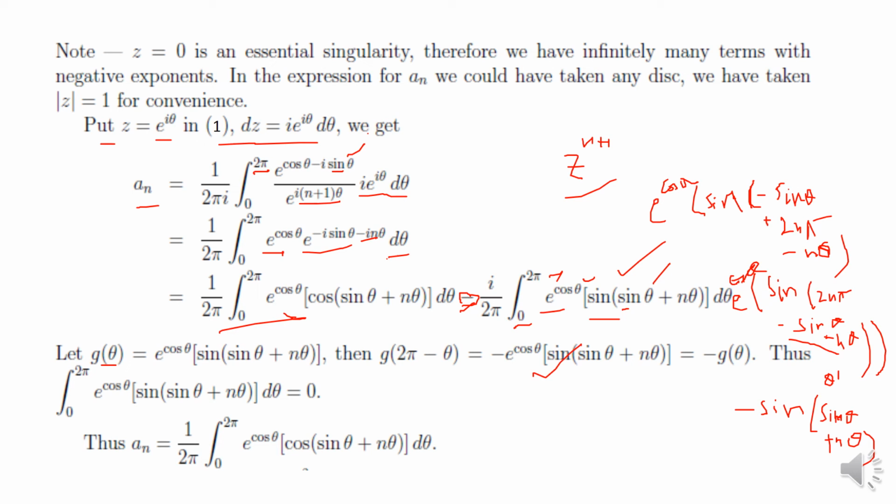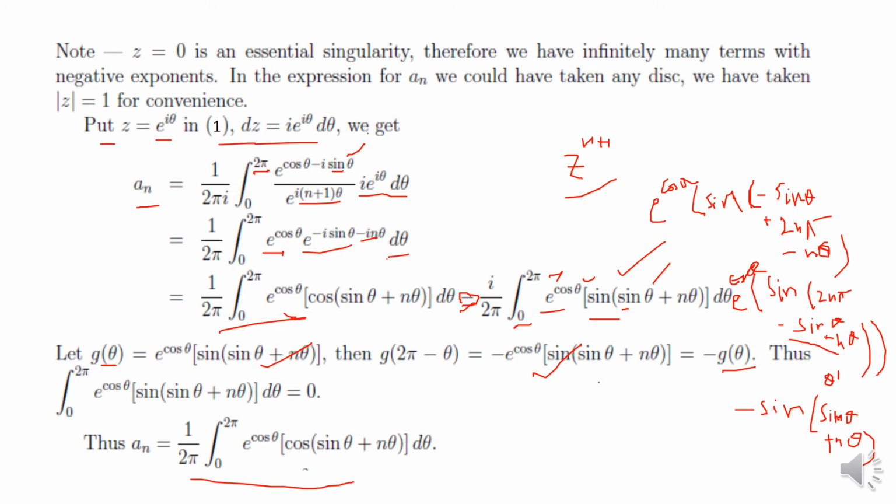So that becomes sine theta plus n theta, which proof we can do by expansion, sine theta plus n theta into e to the power cos theta, and this is what we have written here, e to the power cos theta, minus sign is there, sine theta plus n theta is equal to minus g theta, because g theta we have taken this much. So with minus sign it is minus g theta.